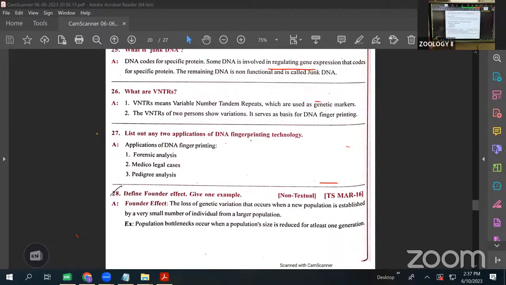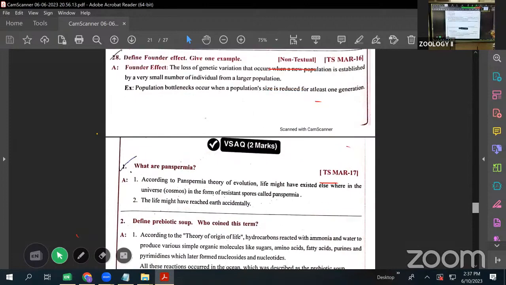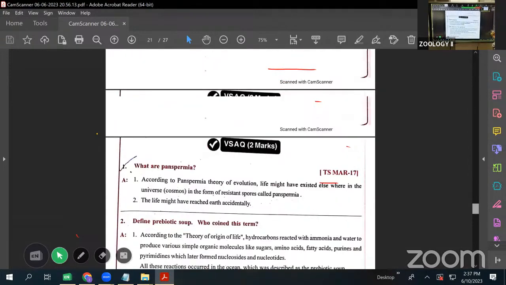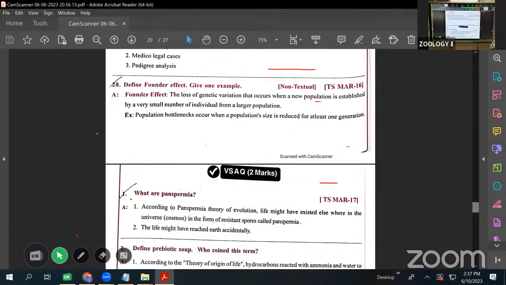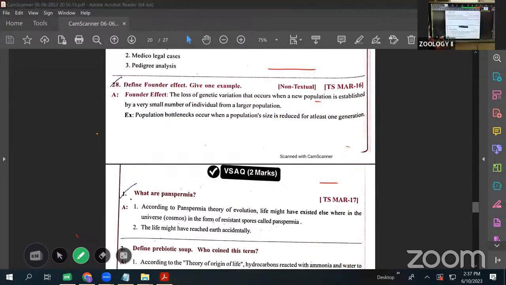Next we are going to discuss the next lesson, which is evolution. The first topic is panspermia.